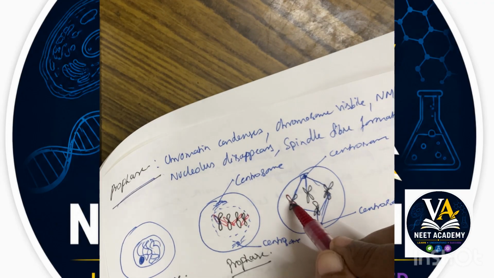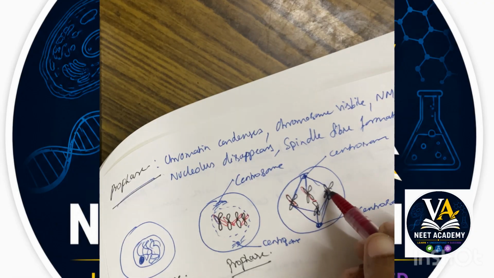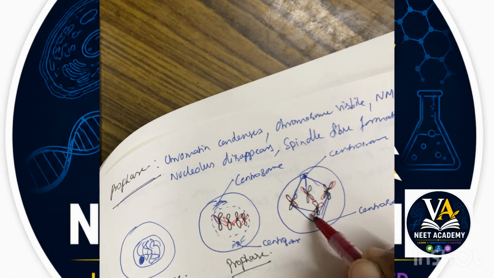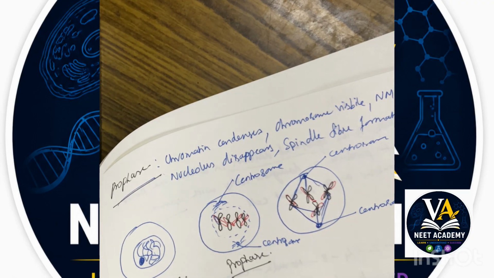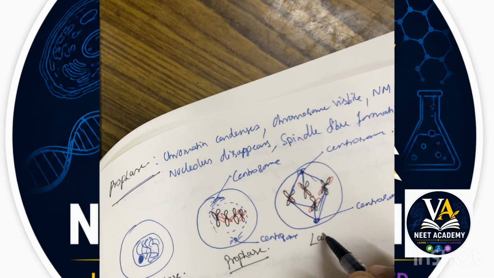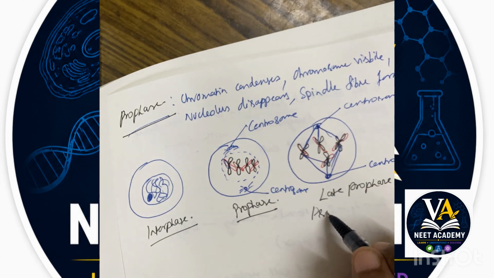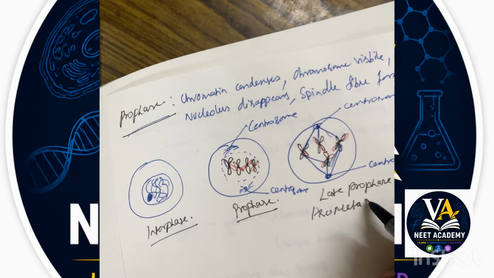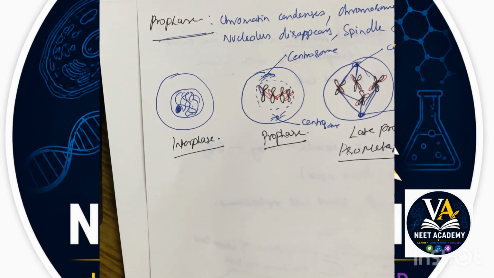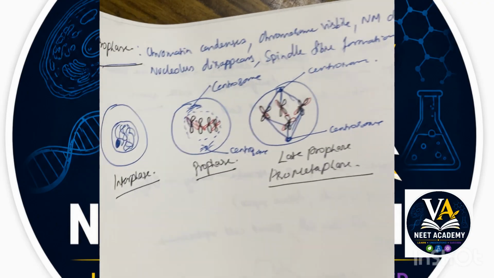This is your DNA molecule which has doubled. So, these are the sister chromatids. Clear students? So you can say this is late prophase, or else prometaphase, just before the metaphase stage. Clear? So this is what happens in prophase.